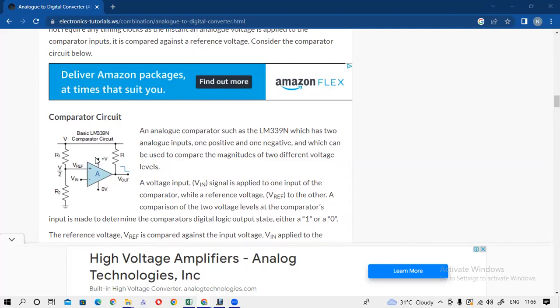Maybe you are familiar with this, maybe not. I don't know. Have you learned about op amps? Yes, thank you. So you have learned about op amps. This LM339 is an op amp actually, an operational amplifier.